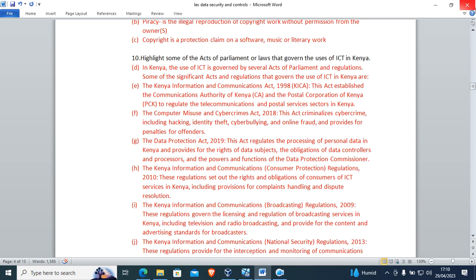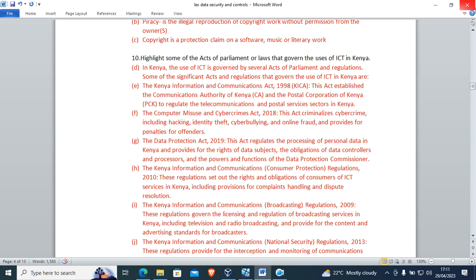Then we have number 10: highlight some acts of parliament or laws that govern the use of ICT in Kenya. In Kenya, the use of ICT is governed by several acts and regulations. Some of the significant ones are the Kenya Information and Communication Act, 1998, which regulates telecommunication.